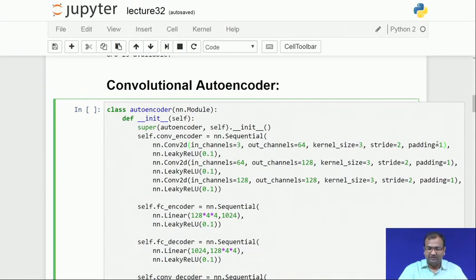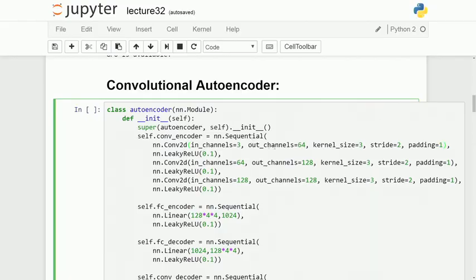Now, all of this is done from the perspective of your calculation, which says that your output width is equal to the input width minus the size of the kernel plus twice the padding, divided by the stride, plus 1.